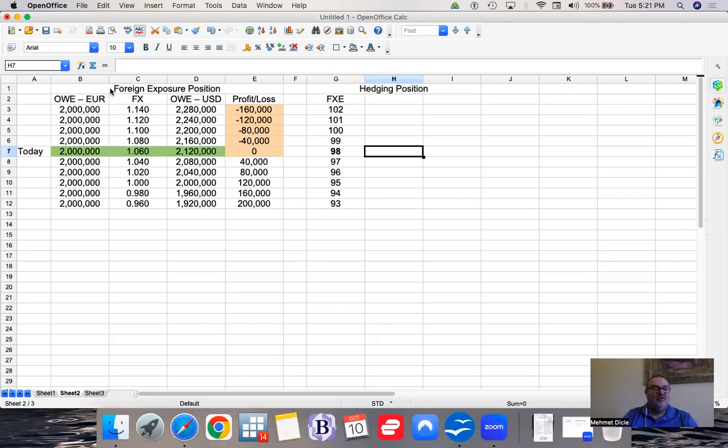And what we're doing is we are trying to buy a secondary financial position, a security position that would make us profit as the exchange rate goes up. And hopefully the amount of profit that we make on one will offset the loss that we generate with the other one. So no matter what happens, we are actually not making any profit or a loss. Well, in this case, I'm kind of hoping that we'll have a profit.